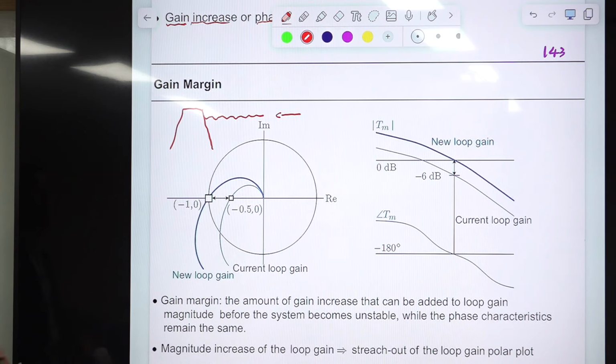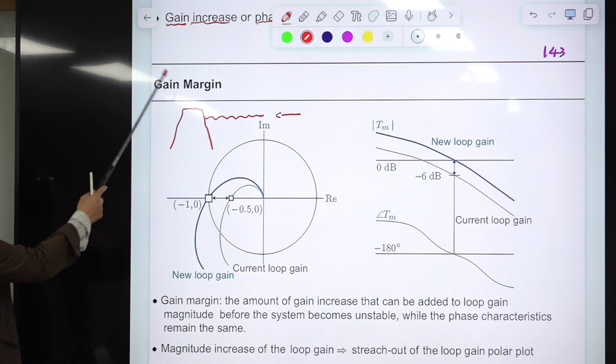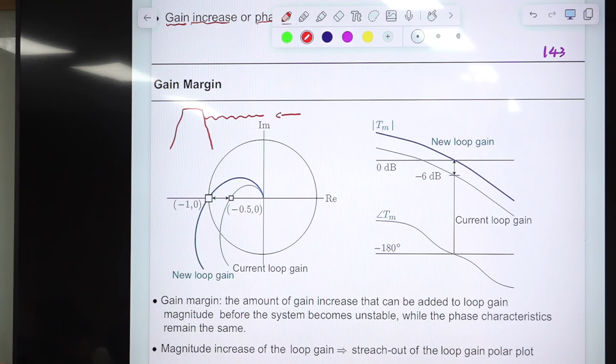There are two ways of overflow. One is if the water level increases, then the dam will collapse. How much the water level can be increased is one of the margins, the gain margin.